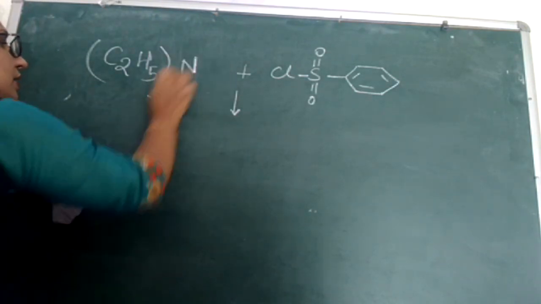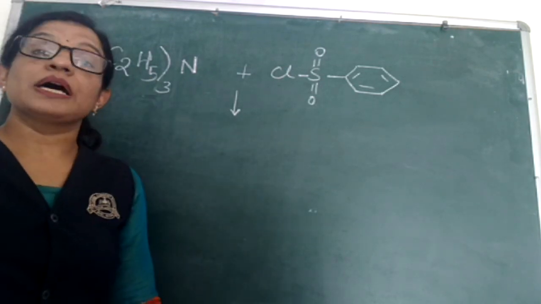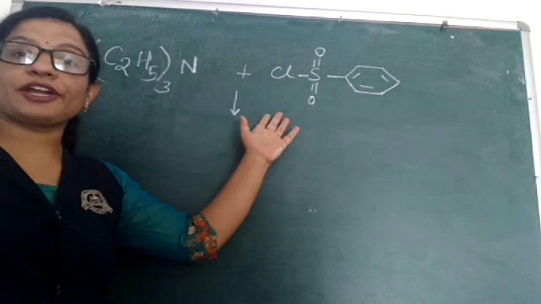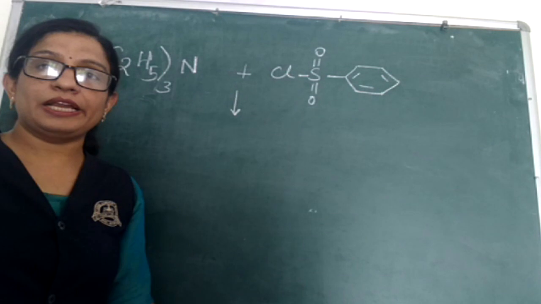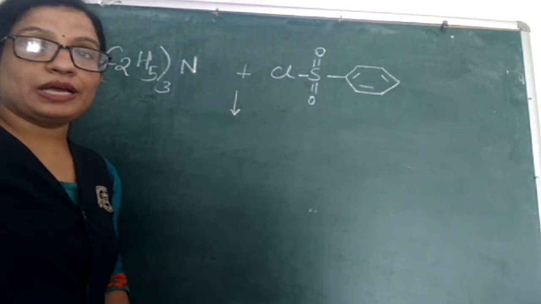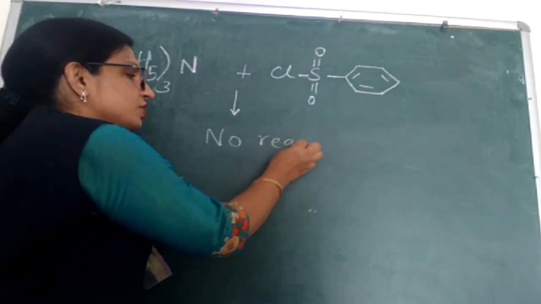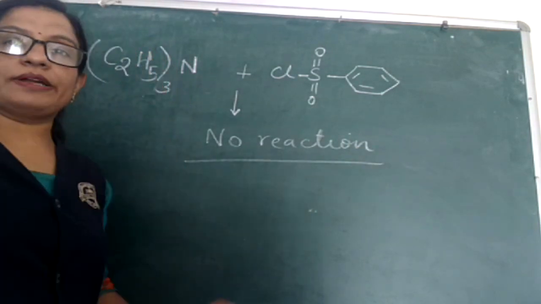Since there is no hydrogen atom attached with nitrogen, when it will react with Hinsberg's reagent, HCl molecule cannot be eliminated because there is no hydrogen here. So tertiary amines do not react with Hinsberg's reagent at all. So no reaction will take place.